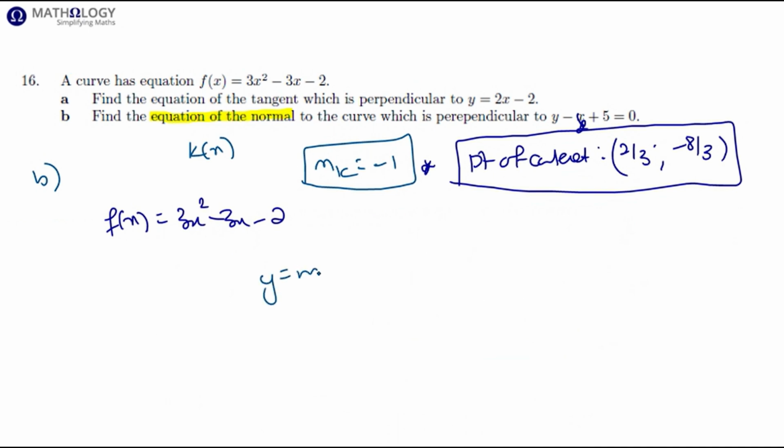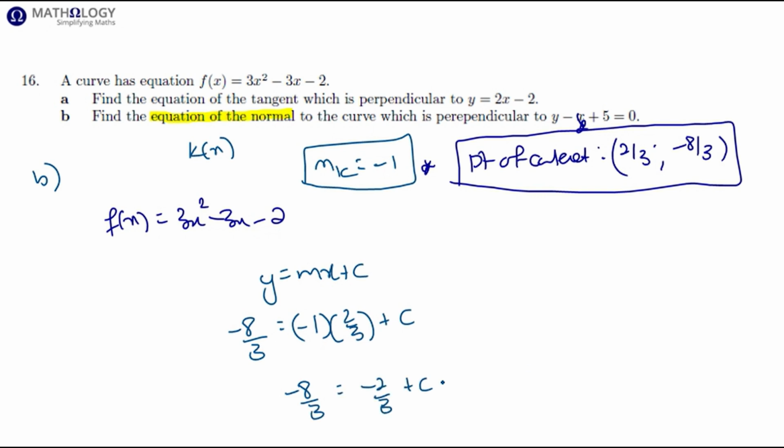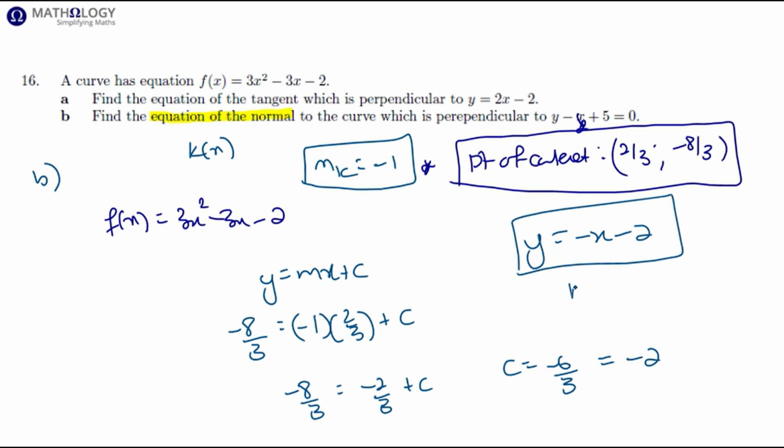So y equals mx plus c: minus 8/3 equals minus 1 times 2/3 plus c. c is going to be minus 6/3, which is negative 2. So y equals minus x minus 2. This is the equation of the normal, which is k of x, and you can just write that as k of x equals minus x minus 2.